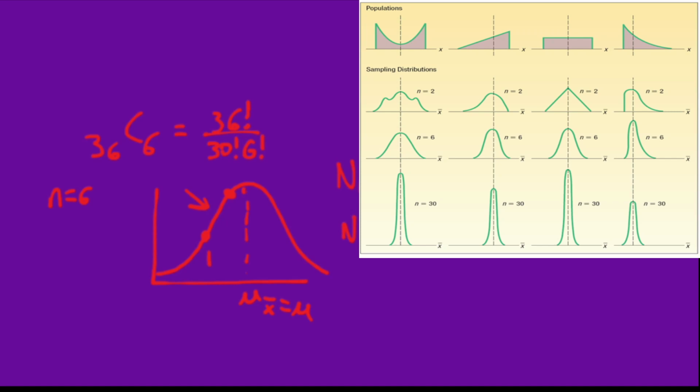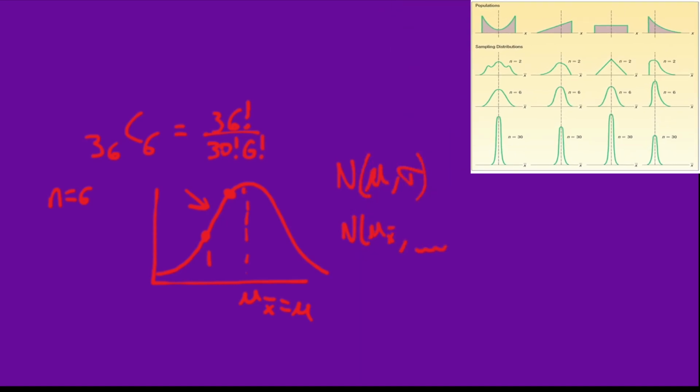It's the same underlying population, but as our sample size increases, the normal distribution we're talking about gets tighter. And that is an important result as well, in that as we take a larger sample, we get a better feel for potentially where that population value is.